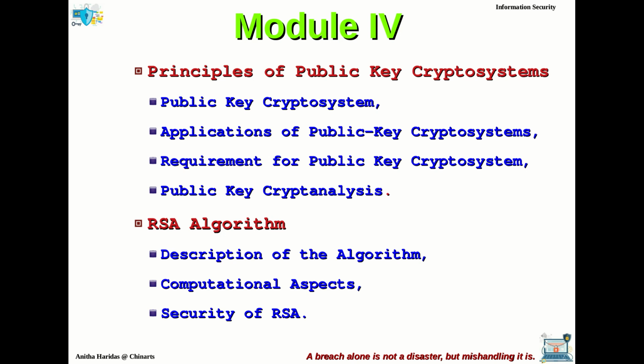Apart from that, if the public key is given, we can have some kind of mathematical calculation for the private key, but till date it is mathematically accepted that it is very difficult to find a function to determine the private key once the public key is given, right? So that's it about the requirement for public key crypto system and cryptanalysis.